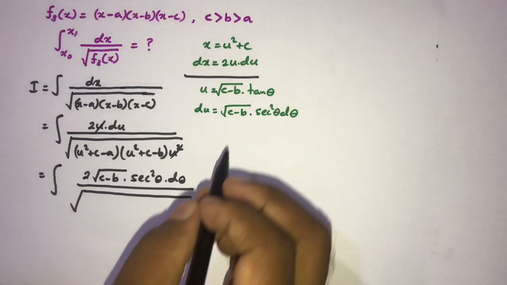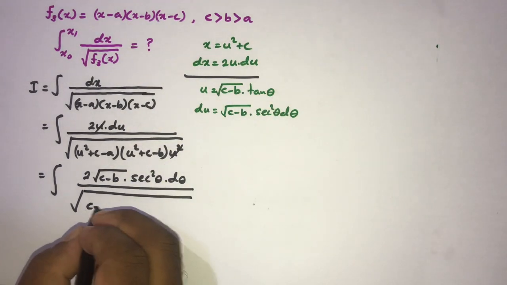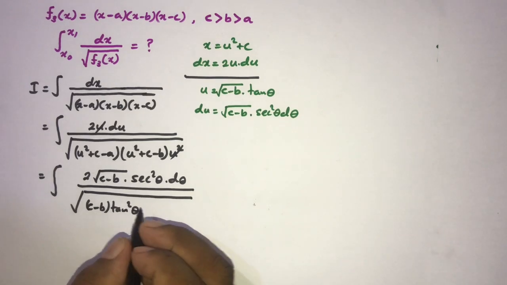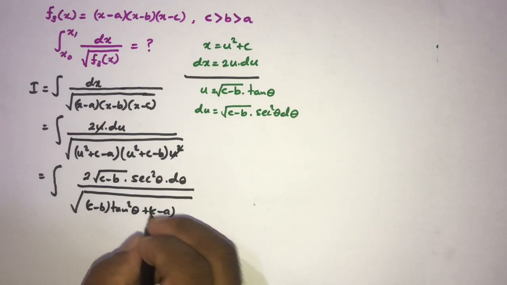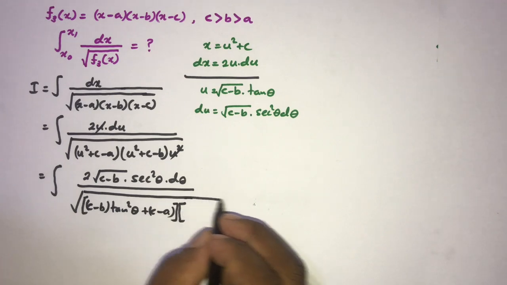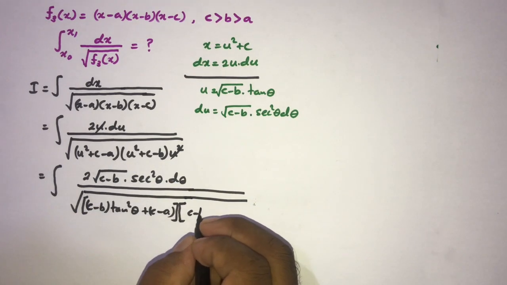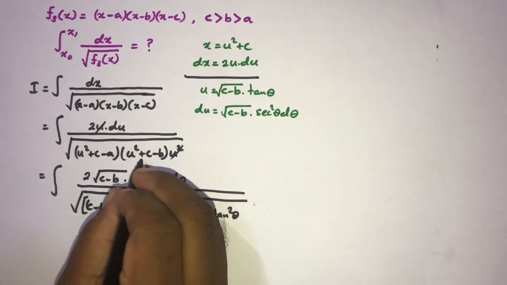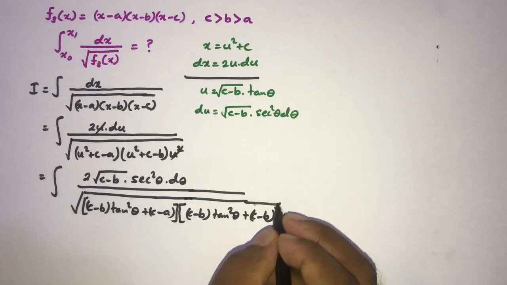Now we know u square is equal to c minus b tan square of theta plus c minus a, then next term u square again c minus b tan square of theta plus c minus b.